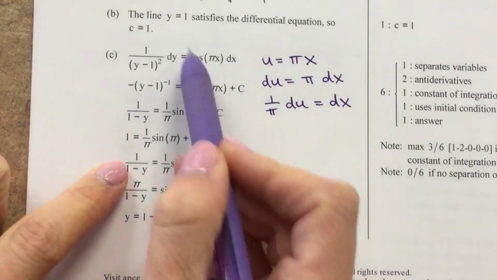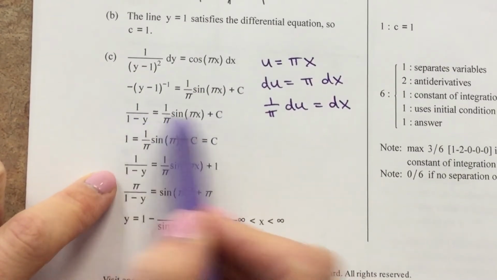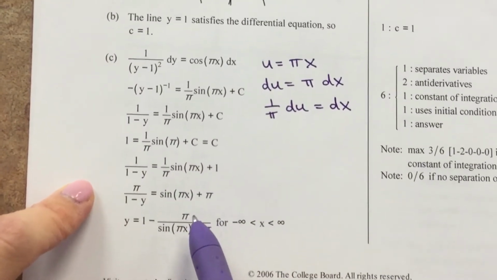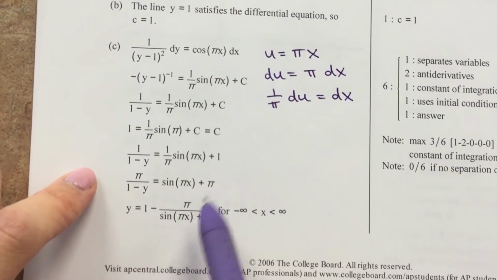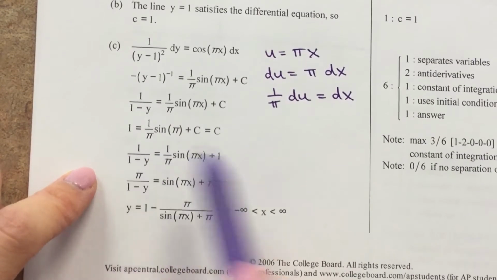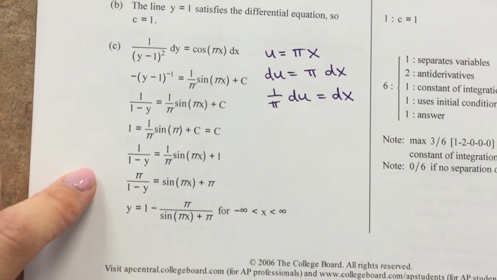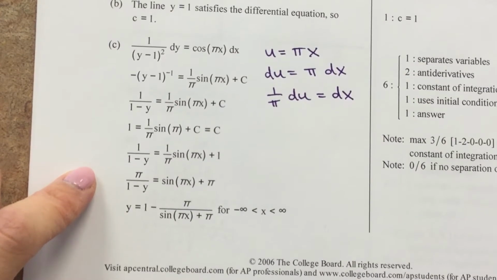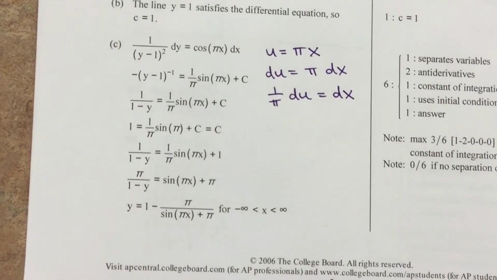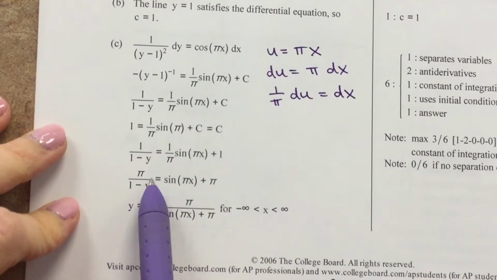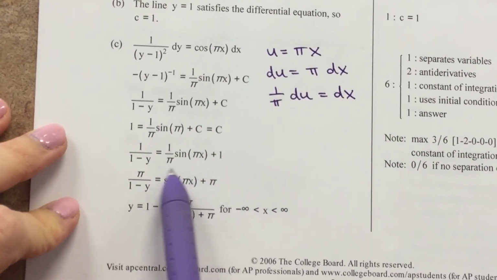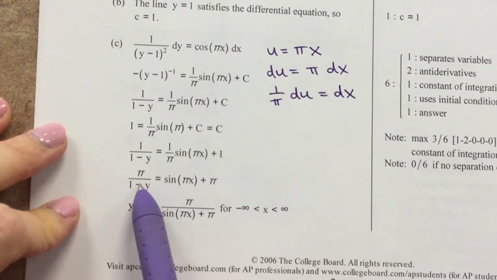So this fifth line right here is just the same as the third line, except we replaced the c with a 1. Then a couple steps here, it looks like they did a little bit of cross multiplying. They took this 1 over pi and multiplied both sides by pi, so they ended up with a pi over here. Then they did a couple steps without really showing them. If you cross multiply, it would put the 1 minus y over on the right-hand side here, and it takes this entire side and moves it underneath the pi.